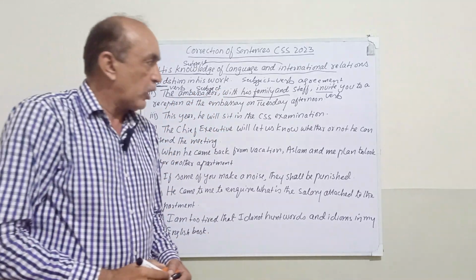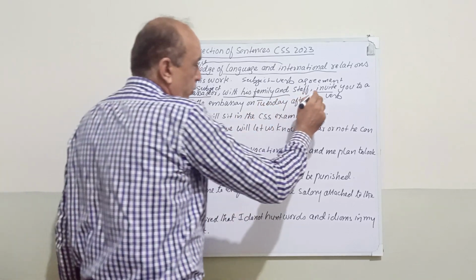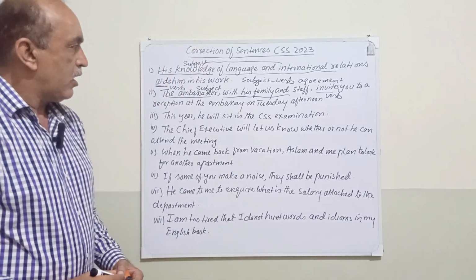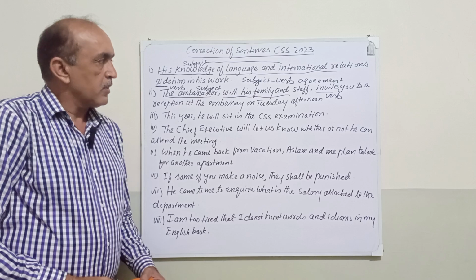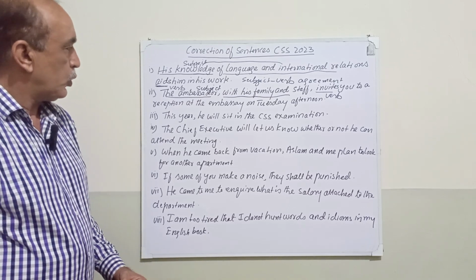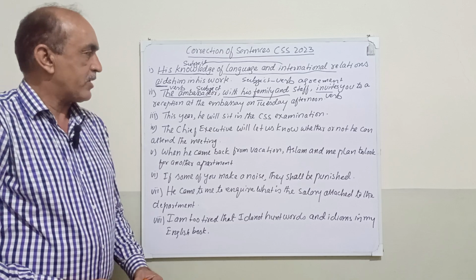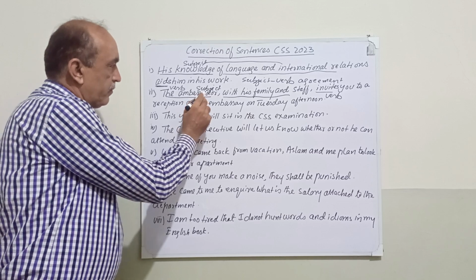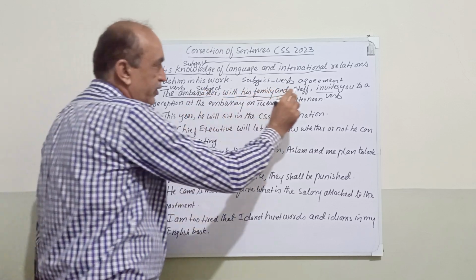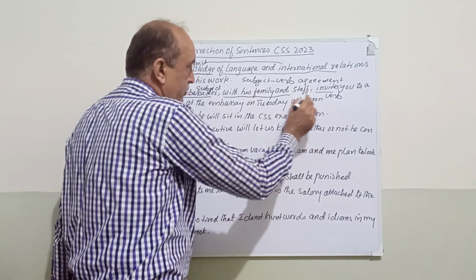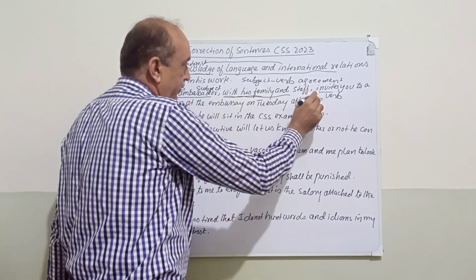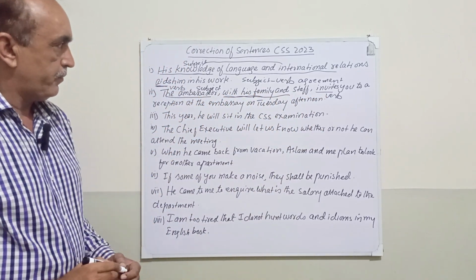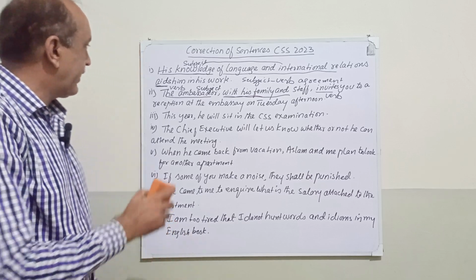So the subject is singular, therefore we have to place s over here. The ambassador with his family and staff invites you to a reception at the embassy on Tuesday afternoon. This is again subject verb agreement, because this verb is not related with this phrase. It is very much related with the subject ambassador.